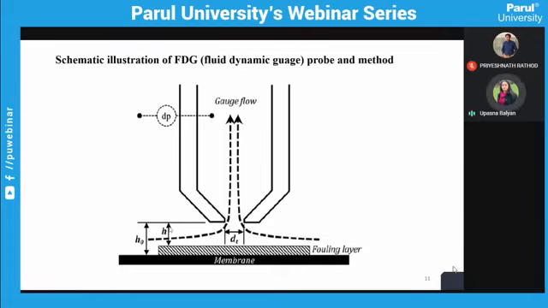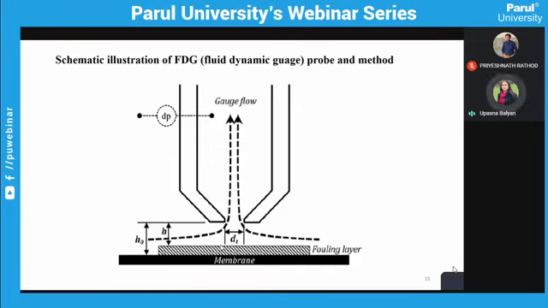So H naught is the location of the underlying membrane surface. When you are applying the pressure, and there is continuous flow of particles through the chamber, through the gauge, inside the probe, you can see that as this probe approaches the surface of the fouling layer, there is a pressure drop.